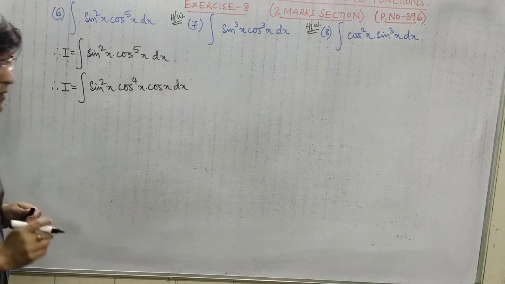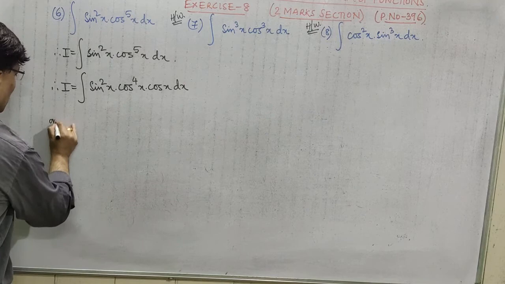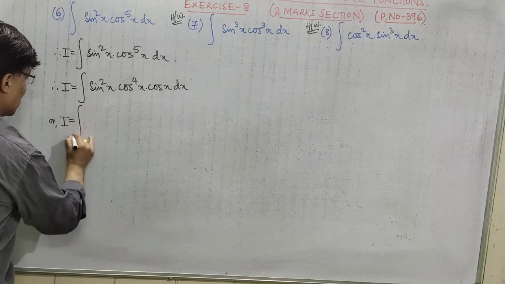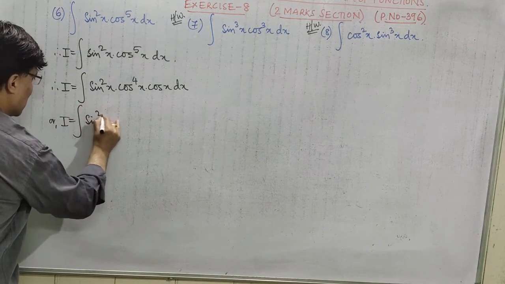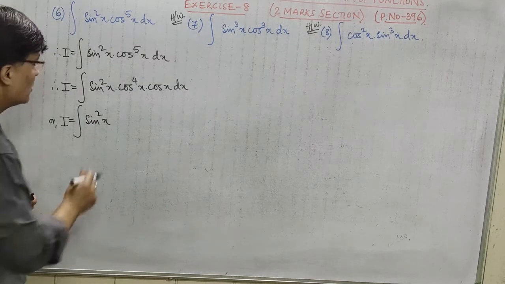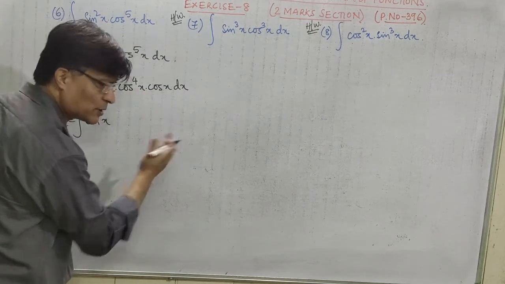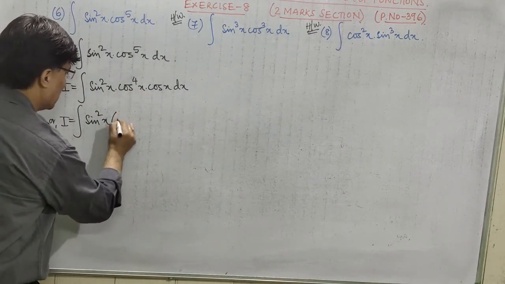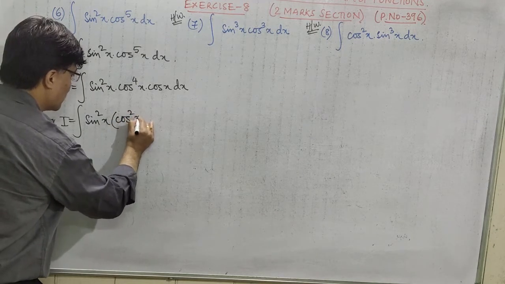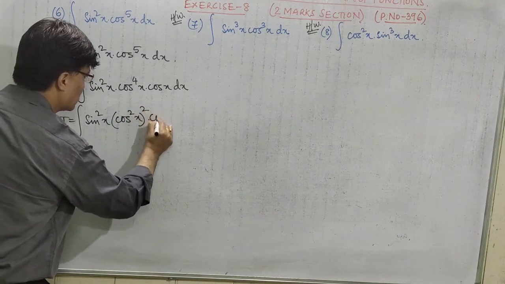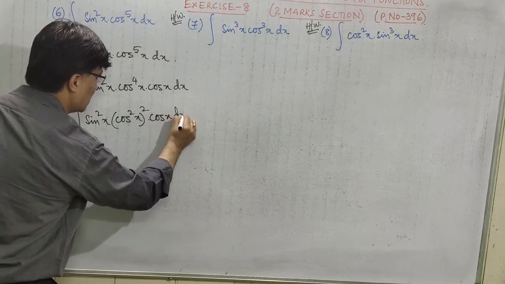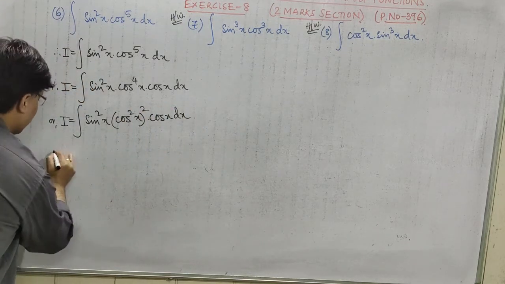Is that clear now? Or I is equal to integration of sin square x, keep it as it is. Now convert cos x in terms of sin x. So how can you convert it? Let us write here cos square x whole square into cos x dx, right?